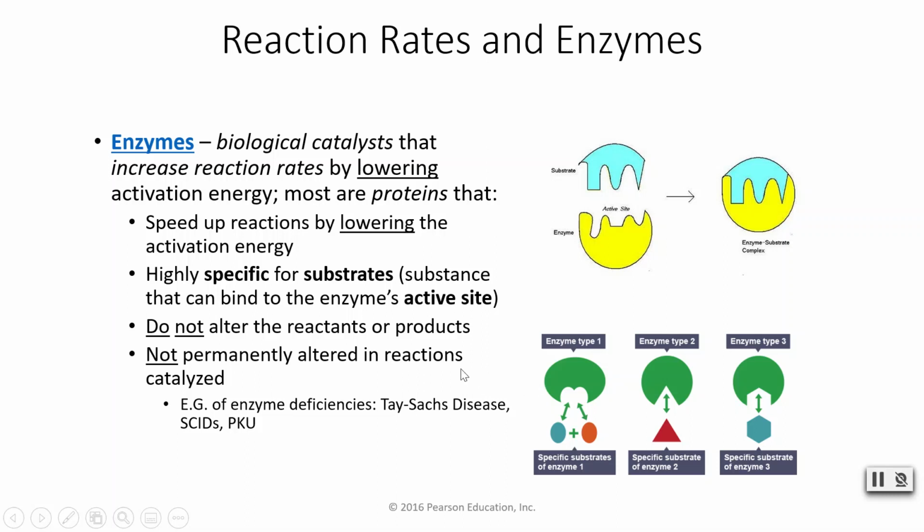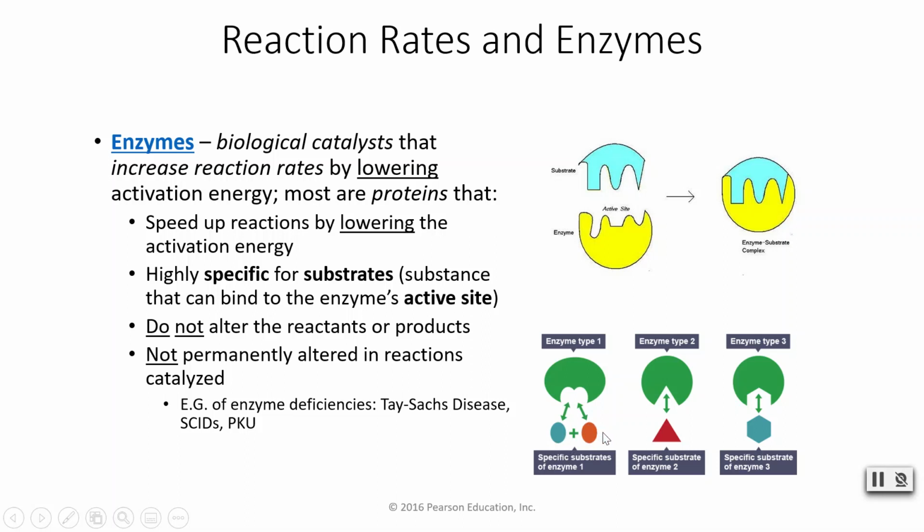Last but not least, enzymes are not permanently altered in reactions themselves. So if enzyme 1's job is to bring these two substrates together so we can join them into one bigger molecule, great. Once these are joined and become product 1, this enzyme will release that product, and it will still have this particular shape, and will be able to move on and find new substrates to assist with a new chemical reaction.